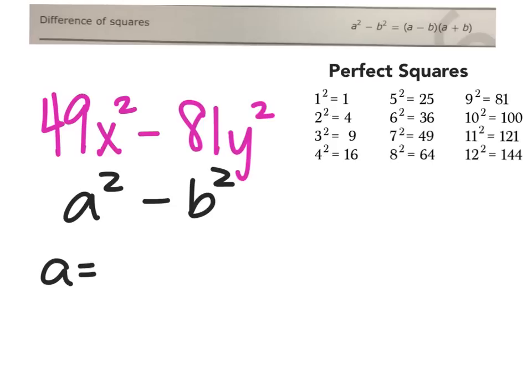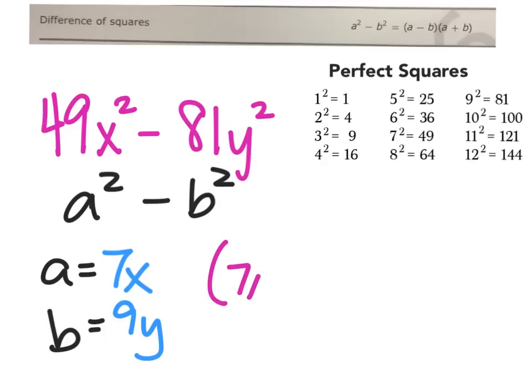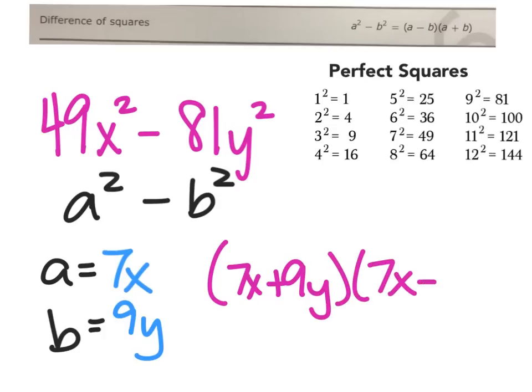So a, what was squared to give me 49x squared? That'd be 7x. And what was squared to give me 81y squared? Be 9y. So now that I've found the roots of each of these, this all factors down to (7x plus 9y) times (7x minus 9y).